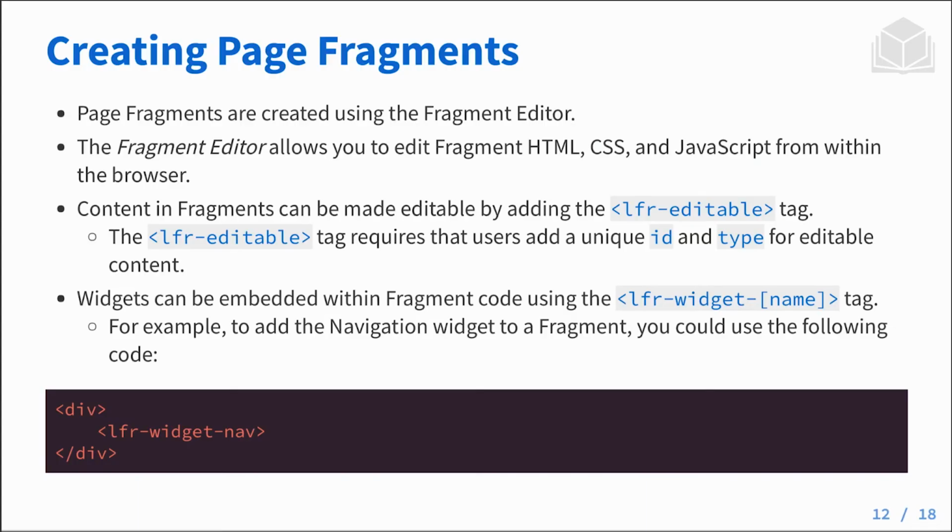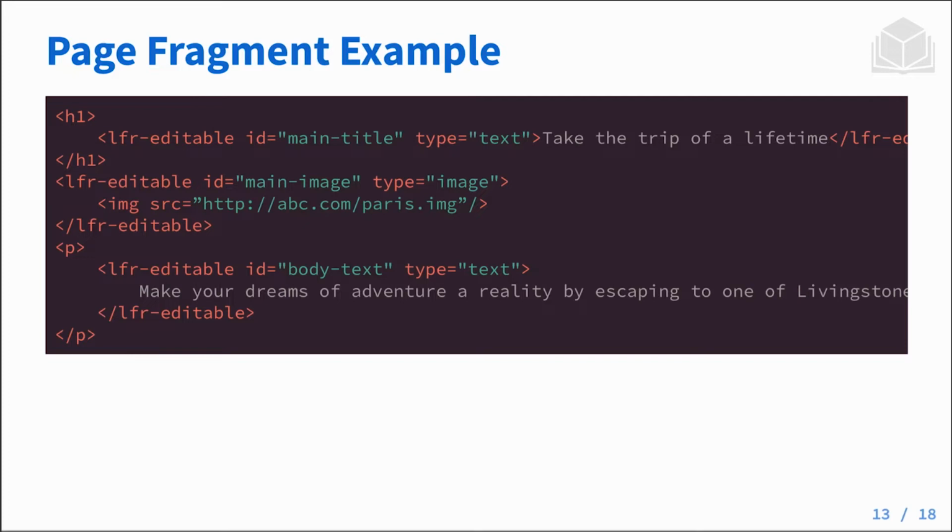Now, like I said, this is typically the responsibility of our front-end developers, but once this is created, we'll be able to go in and edit different aspects of the page and reuse them as well. So let's take a quick look at some of the code that we might have behind the scenes for a fragment, and then we'll take a look at not only bringing in some fragments, but modifying some of those fragments as well.